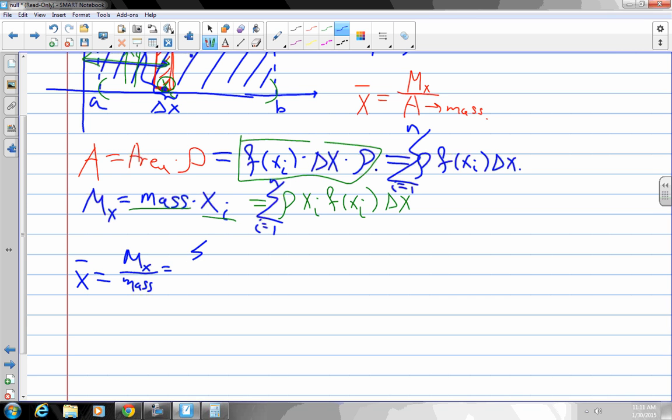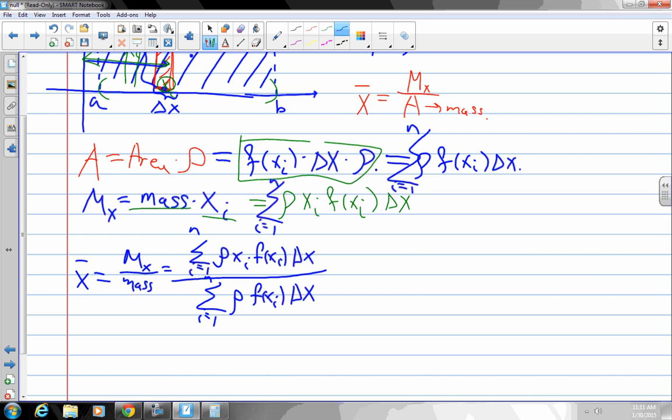So this is the summation as i goes from 1 to n of rho x of i f of x of i delta x, over the summation as i goes from 1 to n of rho f of x i delta x.